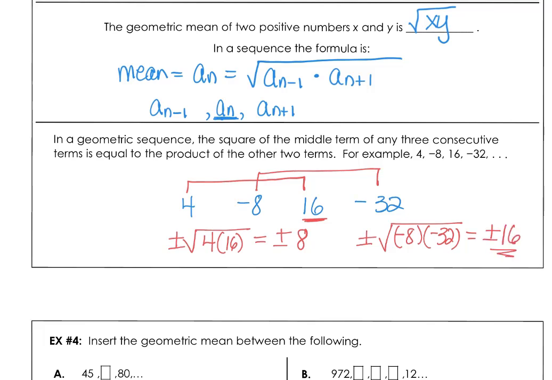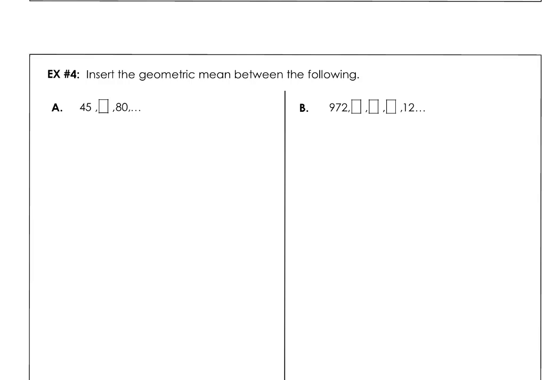So you can see in a geometric sequence, the square of the middle term of the 3 consecutive terms is equal to the product of the other 2 terms. In example 4, we're going to find those geometric means, 45 and 80.